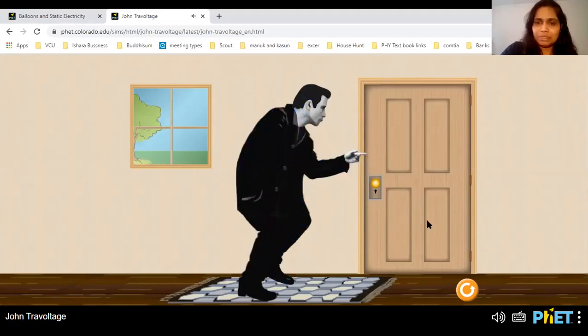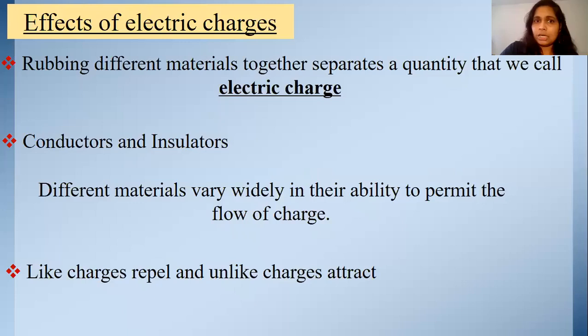So in the lab for this week, our main objective is to learn about electric charges and their effects. Basically, if you rub different materials together, it can separate the charges. Depending on which material you're using, there are two types of materials, conductors and insulators.